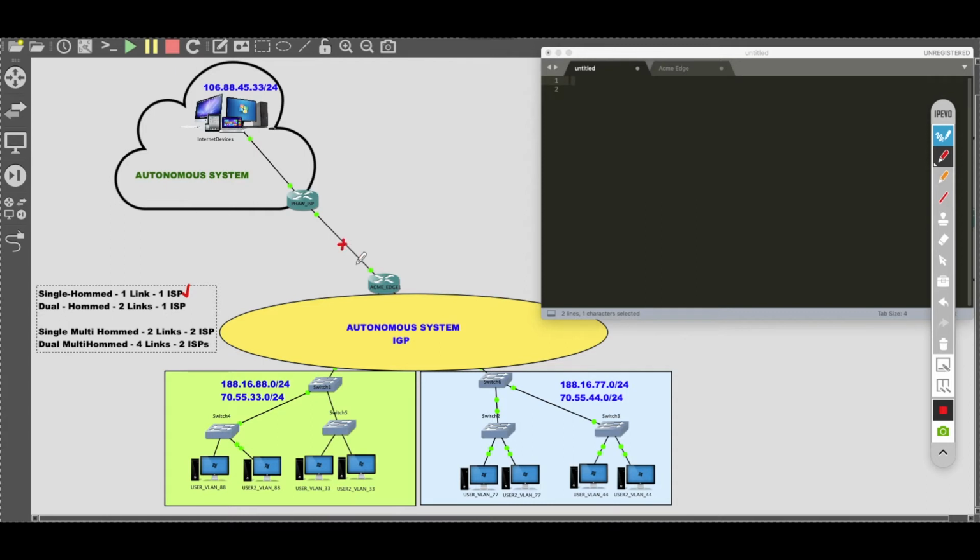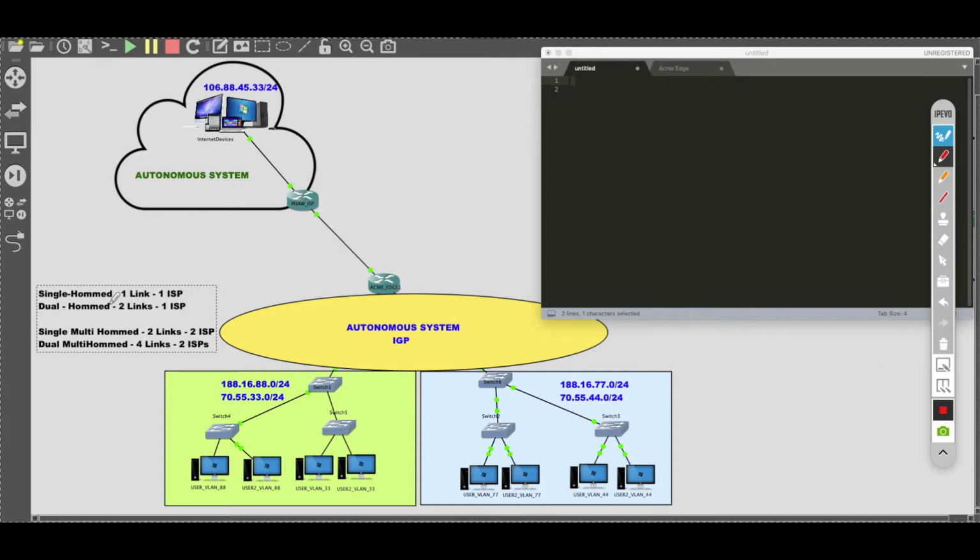Either the link could go down, or your ISP router could have some issues. In this particular type of scenario, if any one of these faults actually occur, you've completely isolated your enterprise environment from actually reaching the internet. So, the single homed interconnectivity model is the most vulnerable because it has the highest level of fault probability. There is no resiliency at all in the event of a failure.